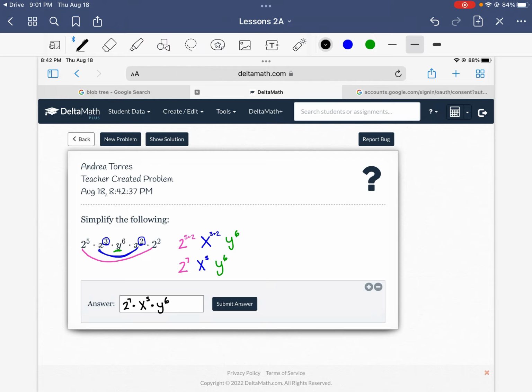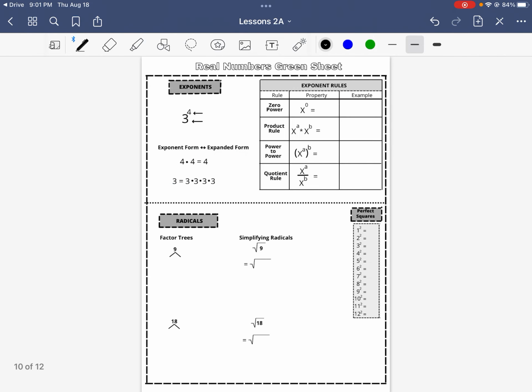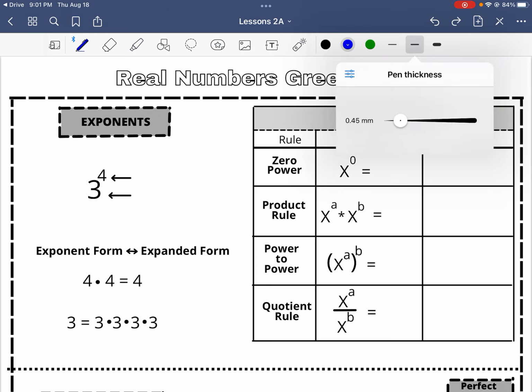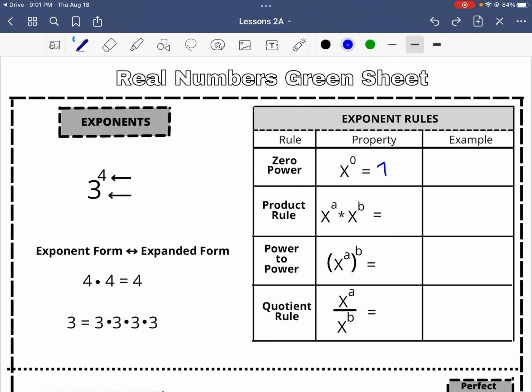So, just last thing, let's go ahead and add this to our green sheet. So remember the 0 power rule, any number to the 0 power is always going to equal 1. So an example over here would be 5 to the 0 equals 1.